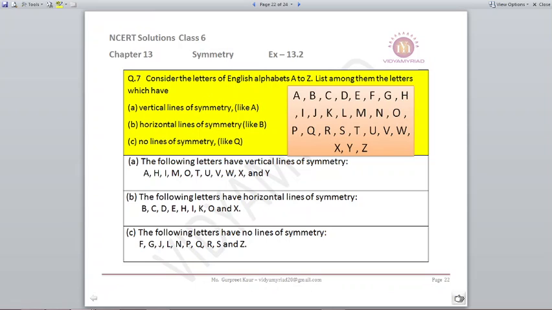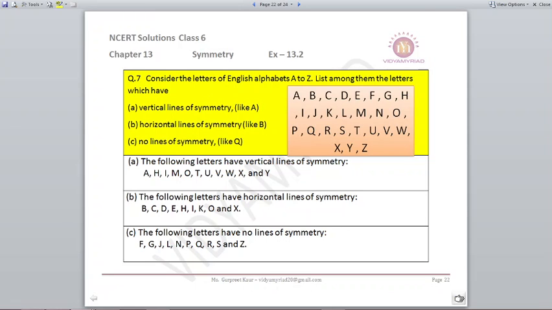Based on these letters, we can see how many letters can have vertical lines like A. So for that, vertical lines you can understand as a standing line, where they form the lines of symmetry will be A, H, I, M, O, T, U, V, W, X and Y. In all the cases, if you draw the standing line in the center, they hold the lines of symmetry.